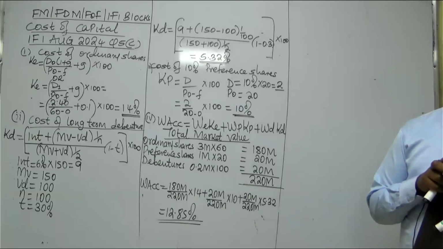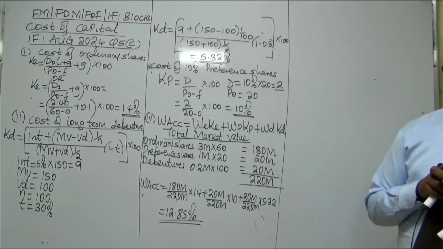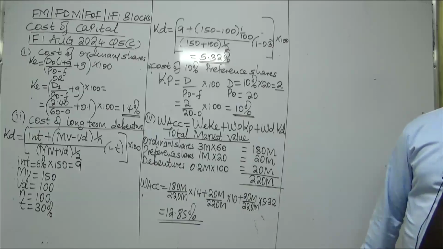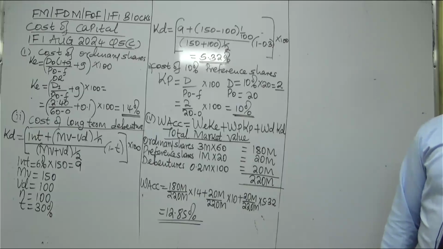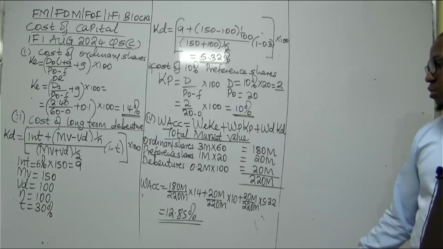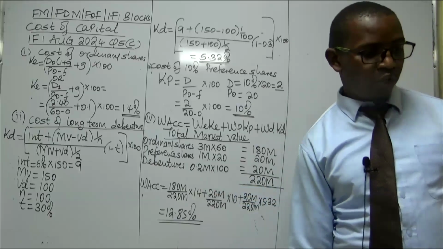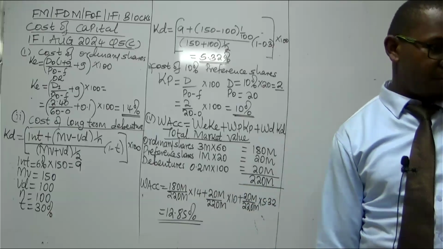We can now do the WMCC, the weighted marginal cost of capital. 0.2 is the 200,000 on debenture. If I make it in millions, it will be 0.2 million.